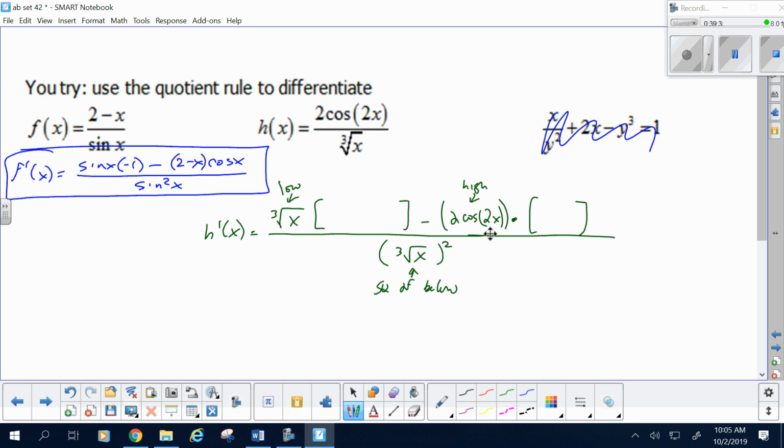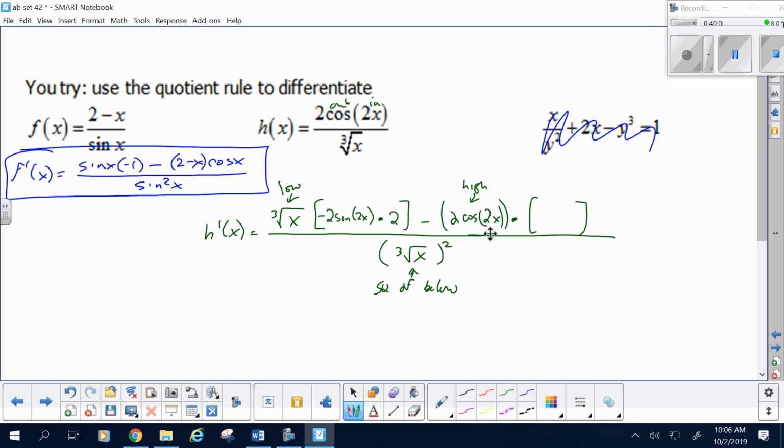Because you have a function within a function, you got to use the chain rule, right? What's the outer function? Cosine. What's the inner function? 2x. Okay, so what's the derivative of the outer with the inside the same? Negative 2 sine 2x, and then what's the derivative of the inside? 2. So you can imagine a multiple choice maybe having -4 there. Right? All right. Although I don't care if you clean it up.